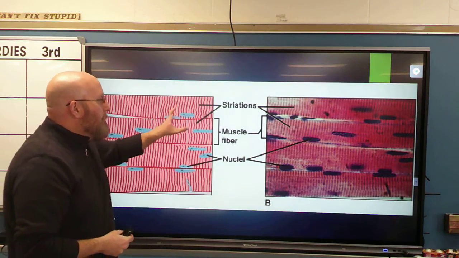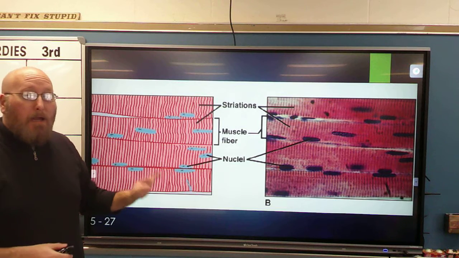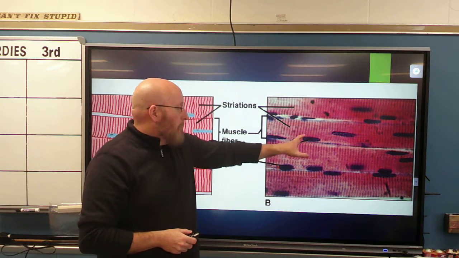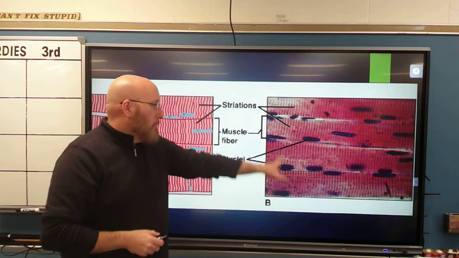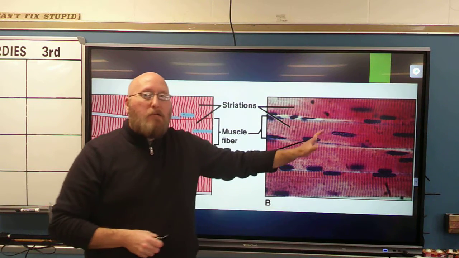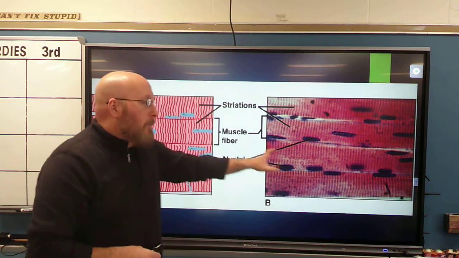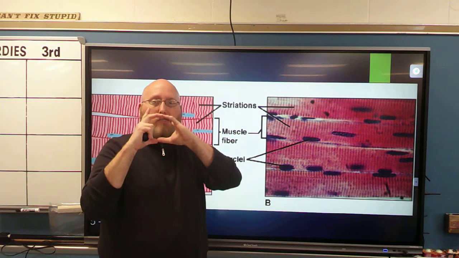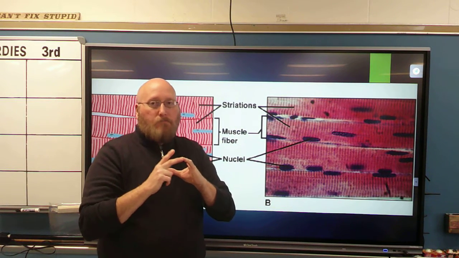But this again is skeletal muscle. It's real easy to identify because you have these striations and multiple nuclei. But this is a cell. Doesn't look like a cell that you've ever seen before, does it? So please be careful with this, okay? That's why I said these are weird looking ones. They're not the standard, nice pretty round cell. They don't look like that.